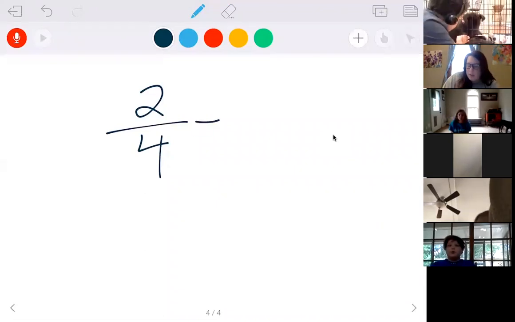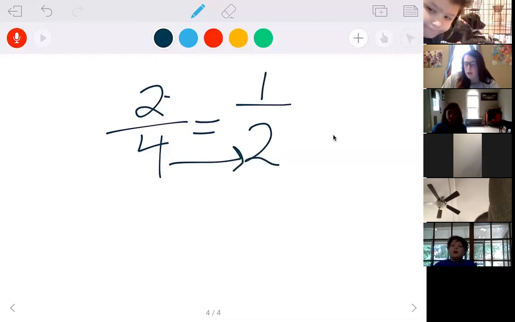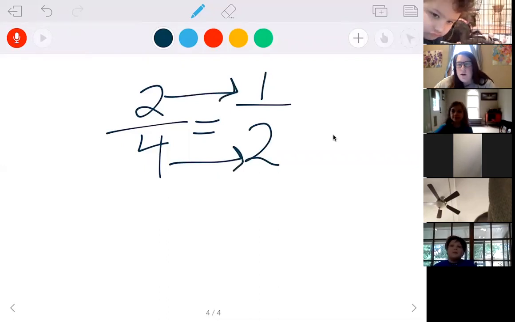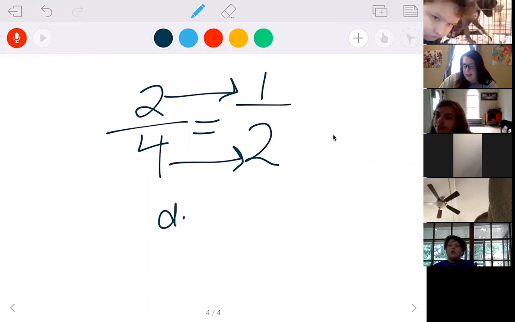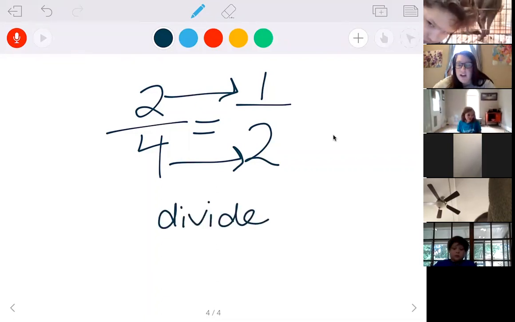If we were to put 2/4 in simplest terms, it would be 1/2. So when you're going to simplest form, you're trying to make this number smaller and this number smaller, okay? So when you go into simplest form, you divide. Now, what I'm going to tell you today is how to figure out the number you divide by.